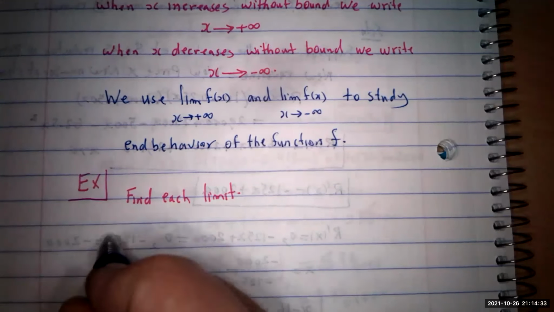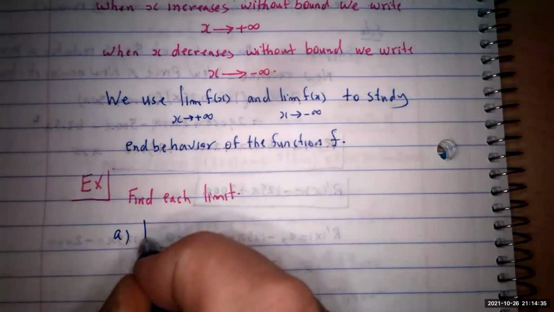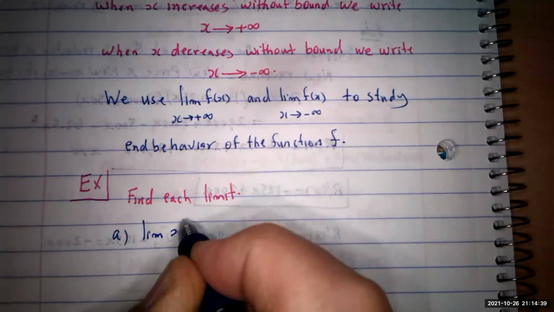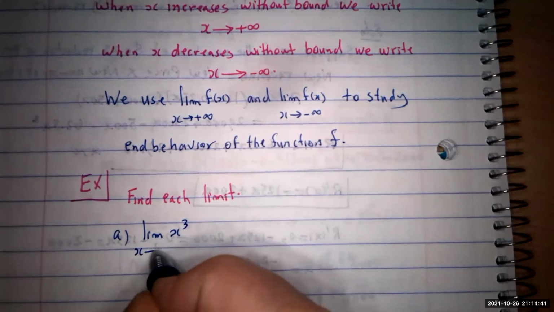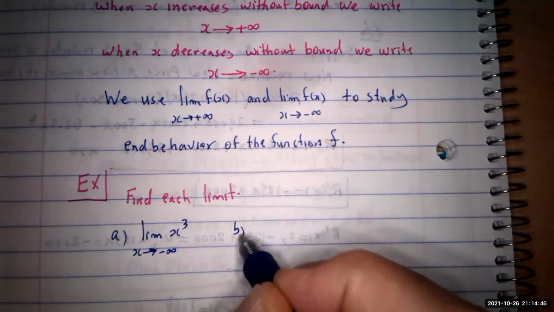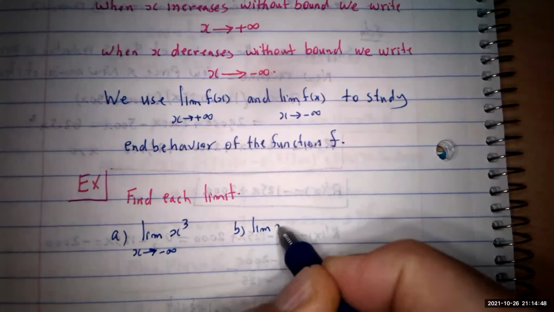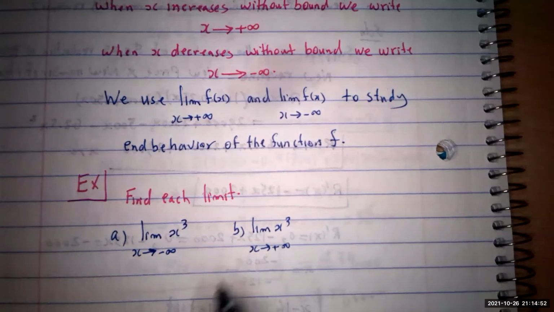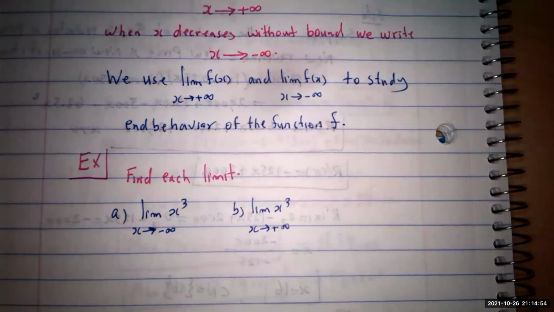So let's find this limit: the limit of x cubed when x goes to negative infinity, and the limit of x cubed when x goes to positive infinity. This is going to be the question.